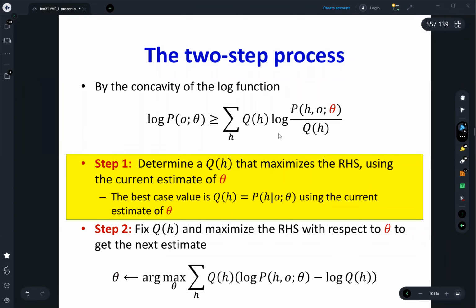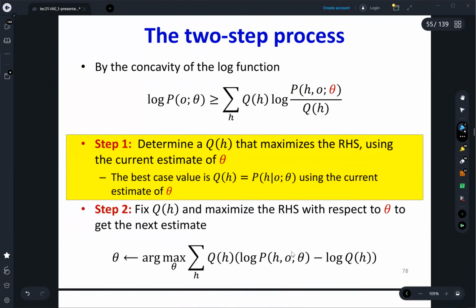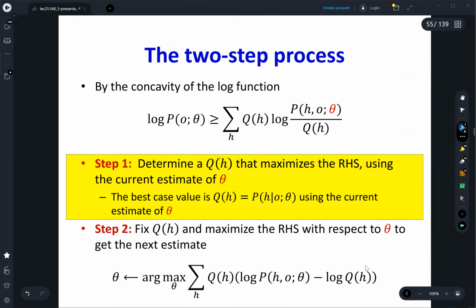If I want to maximize this term to the right for a given Q of H, that's simply going to be the sum over all H's of Q of H times log P of H comma O minus log Q of H, because the log of P over Q is log of P minus log of Q. And the second term, Q of H, once it's fixed, is no longer a function of theta.